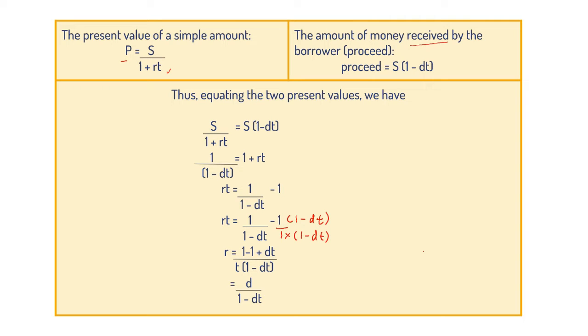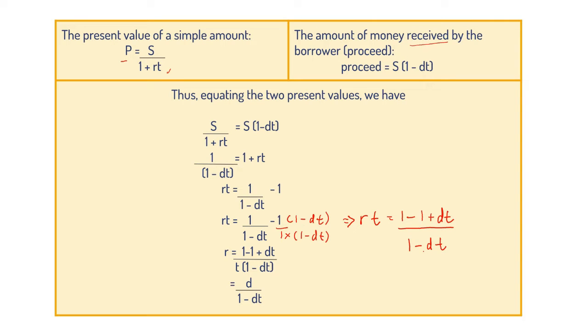Simplifying, we get r times t equals 1 minus 1 plus dt divided by 1 minus dt.